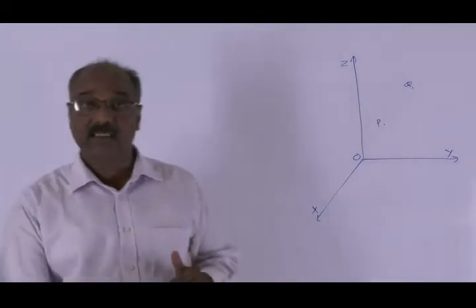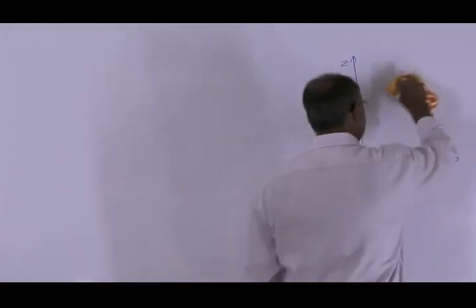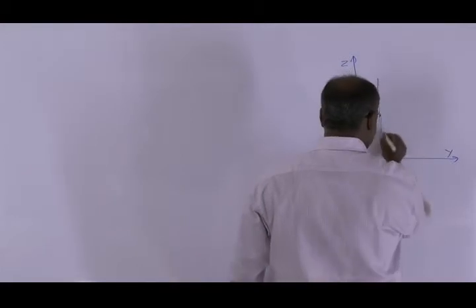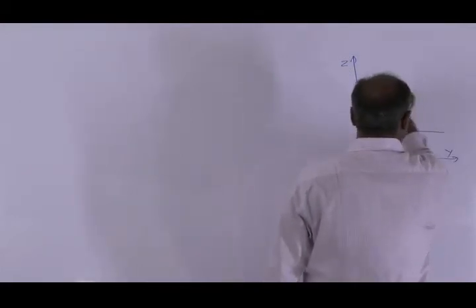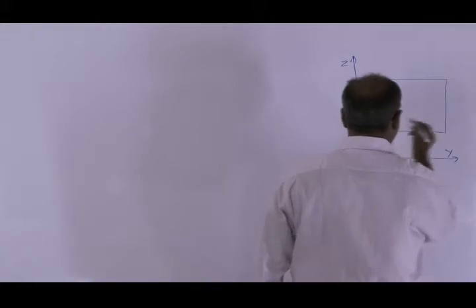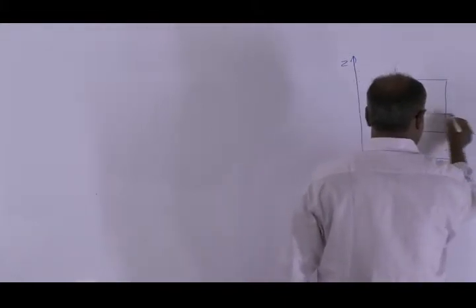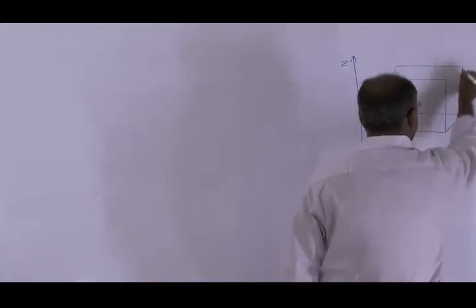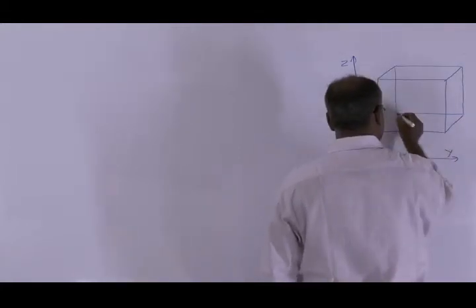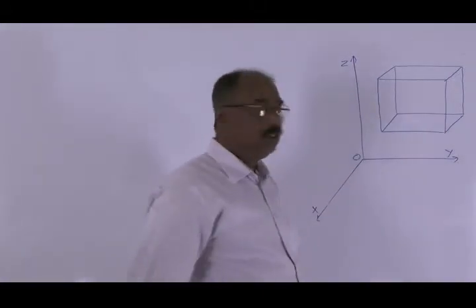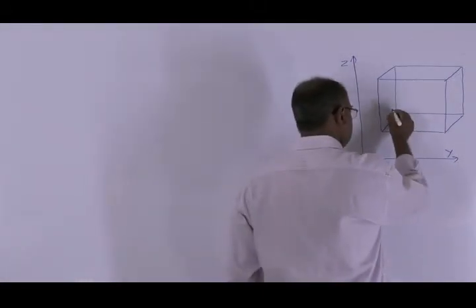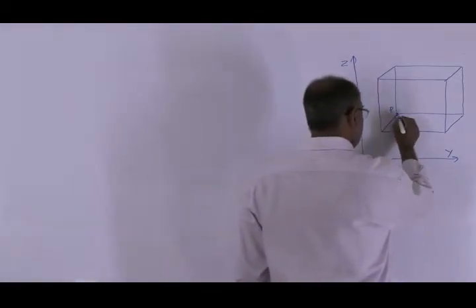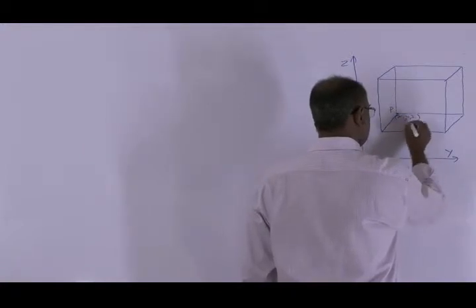So let us construct that box first. So draw the edges. So the edges are drawn. P is this point whose coordinates are x1, y1, z1.